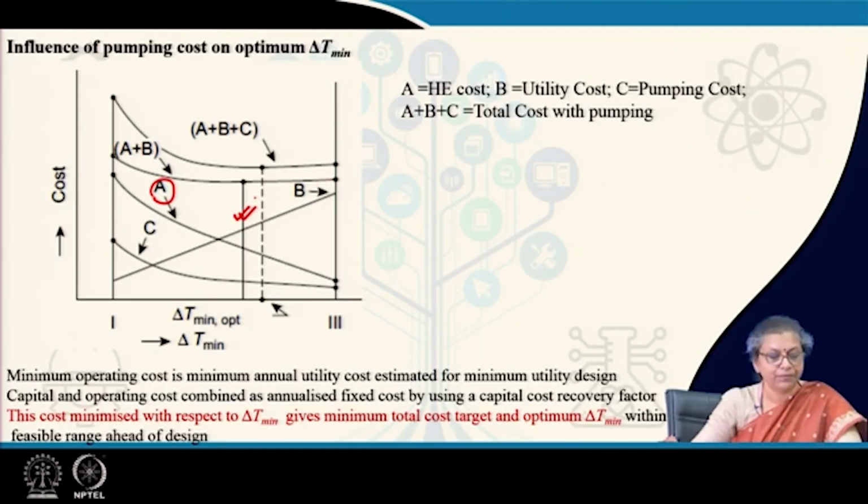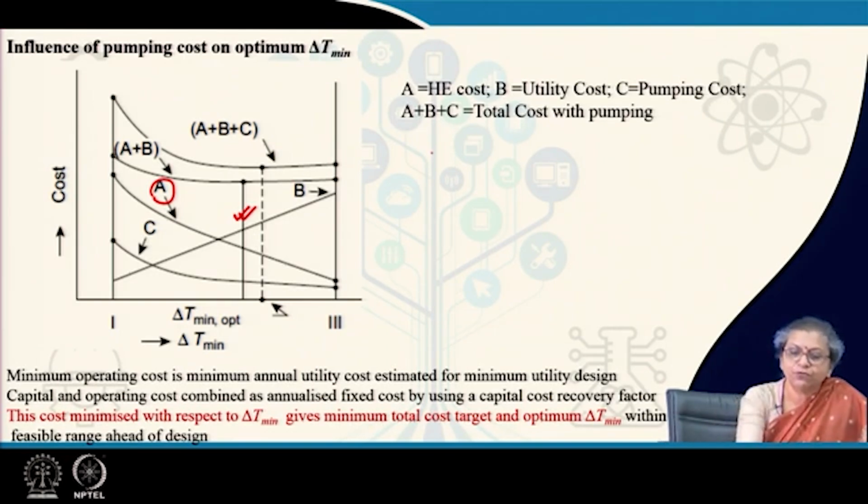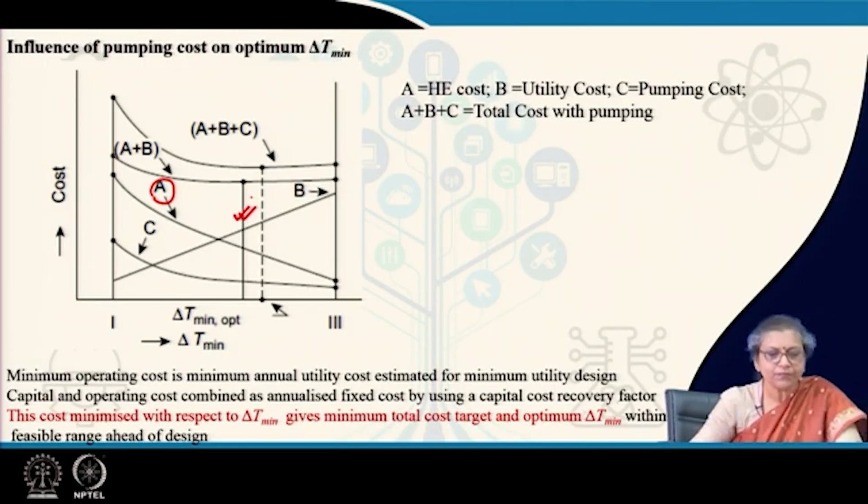Now, if you are really doing a proper heat network analysis, then in the cost analysis it is also important to include the pumping power. When the utilities are higher, naturally the pumping power also goes up. If you include the pumping power, the graph is shown here. In that case, usually the delta T min goes up by a small amount.